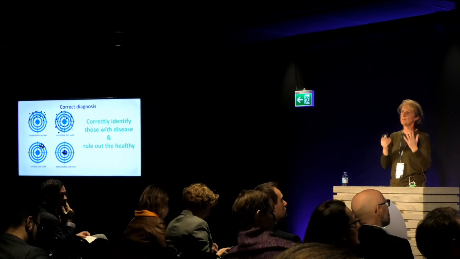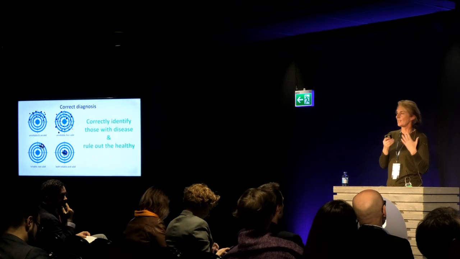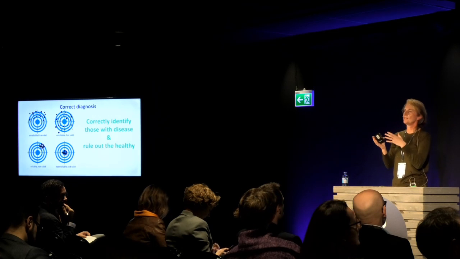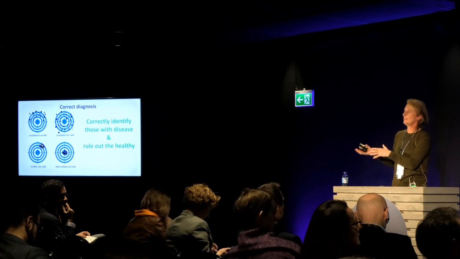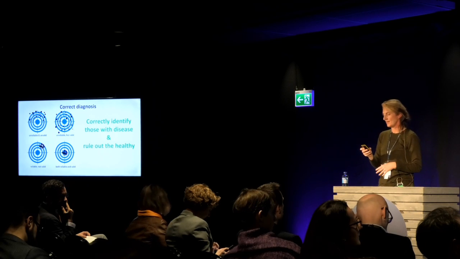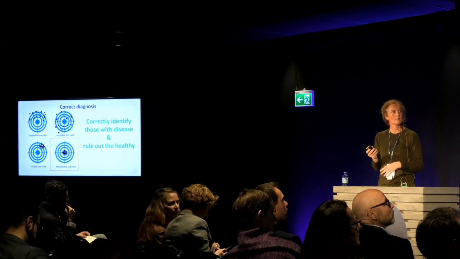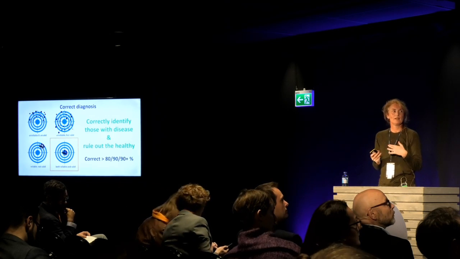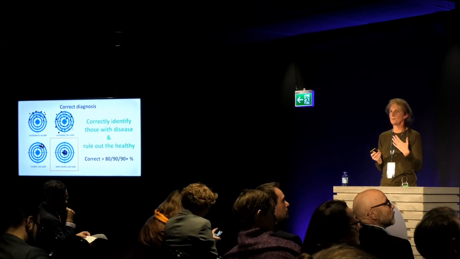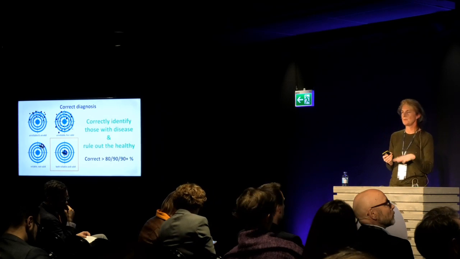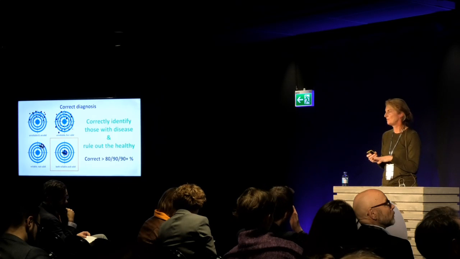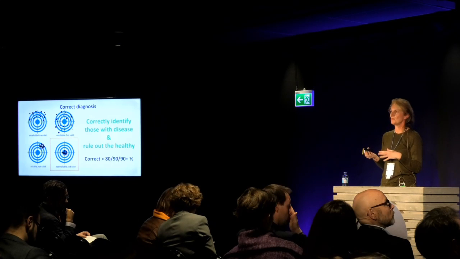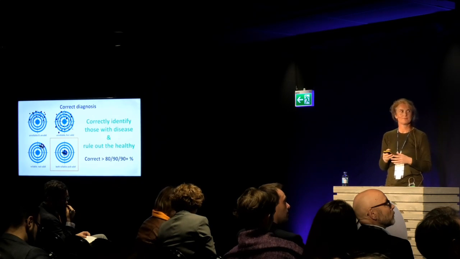We want them to give patients that have a disease the correct diagnosis, and those that are healthy will have to be ascribed to the healthy category. But it does vary what we can accept. Usually in medicine we have a very low acceptance for making errors, but maybe for some conditions we can be a little bit more forgiving.